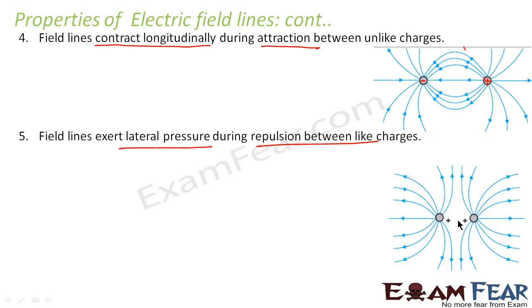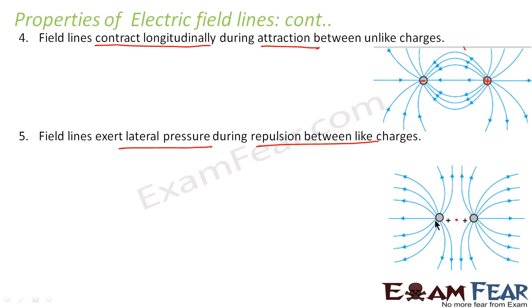Now, when we talk about lateral pressure in case of like charges, if both the charges are equal, there is a point exactly at the midpoint between the two charges where the electric field intensity is zero, because the electric field intensity due to one charge gets completely cancelled out by the other charge.